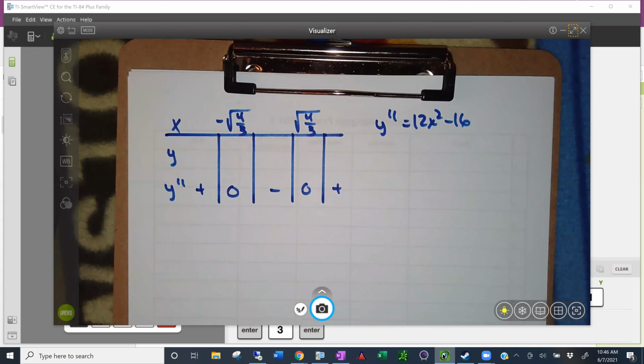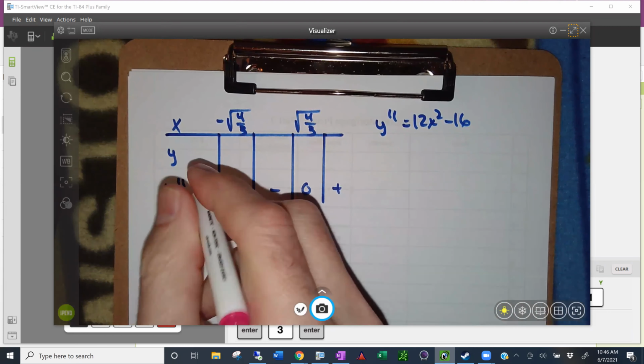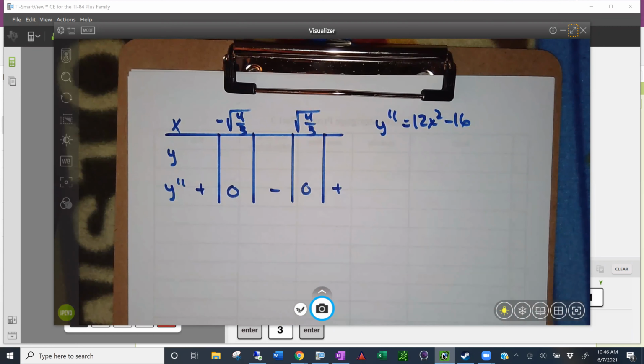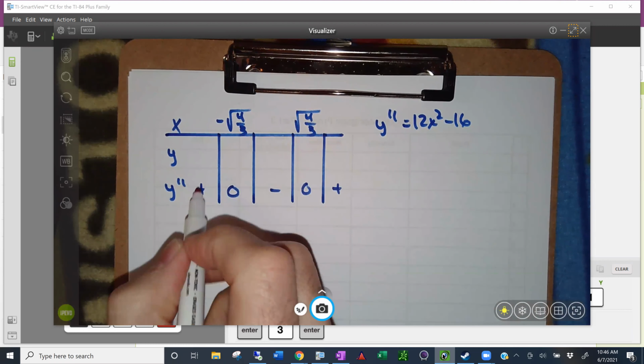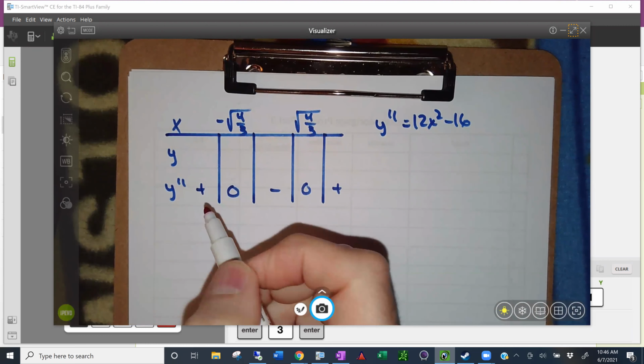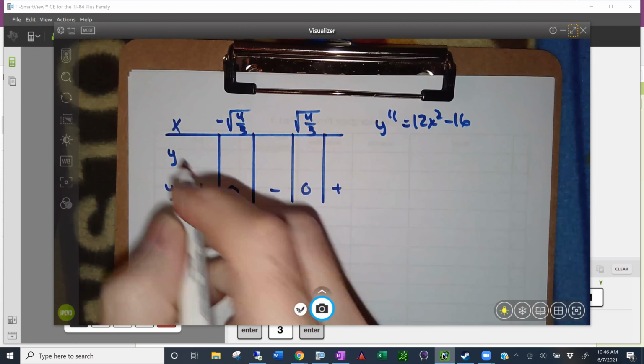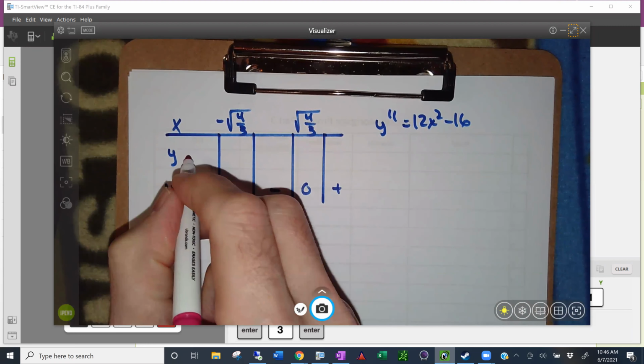What is that telling me? Somebody I haven't heard from yet today. Kennedy, what's this telling me about the function that its second derivative is positive here? That the graph is going up. In what way?